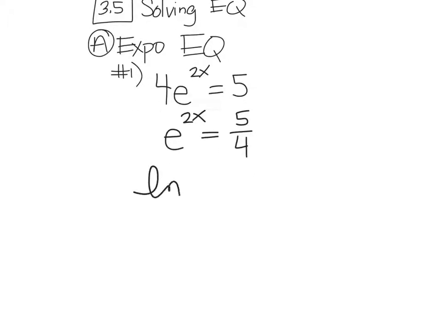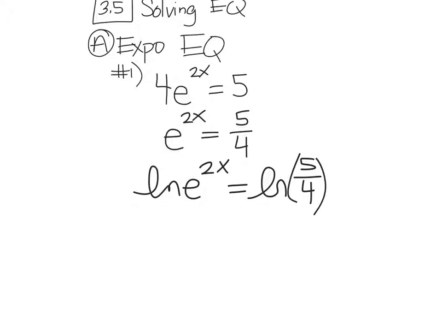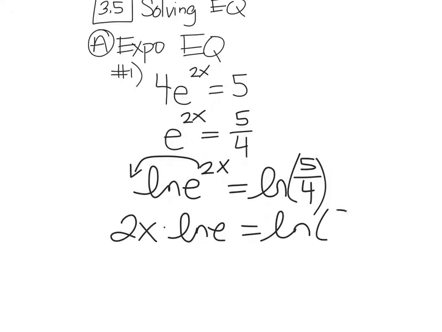So I take the natural log of e to the 2x equals the natural log of 5/4. Now, here comes that favorite property of mine, the one that says you can take that exponent and move it down to the front. And you get 2x times the natural log of e equals the natural log of 5/4.